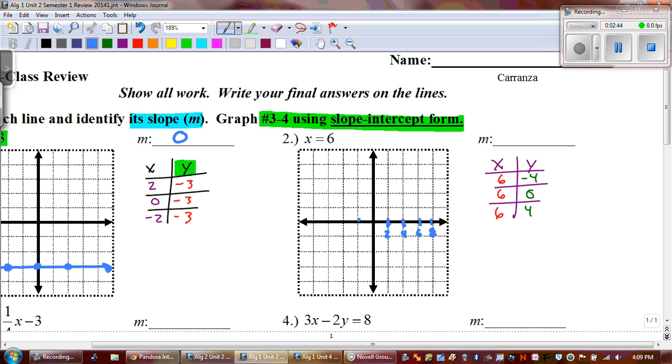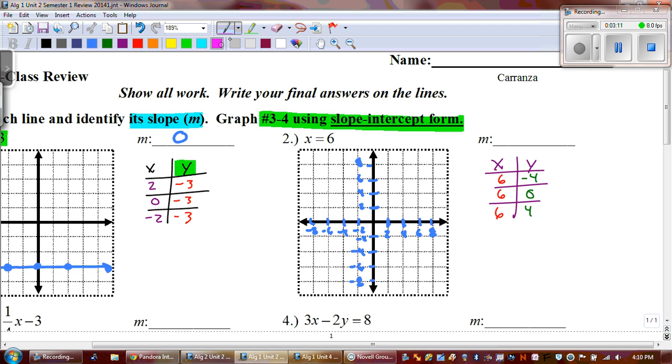So we're going to do that on all of these: -2, -4, -6, -8. Even going on the y-axis, we got 2, 4, 6, 8, -2, -4, -6, -8. Okay, so there's your reference.